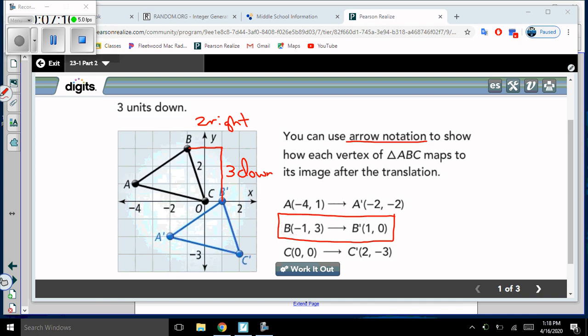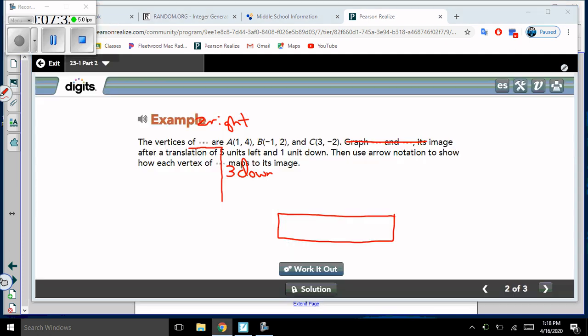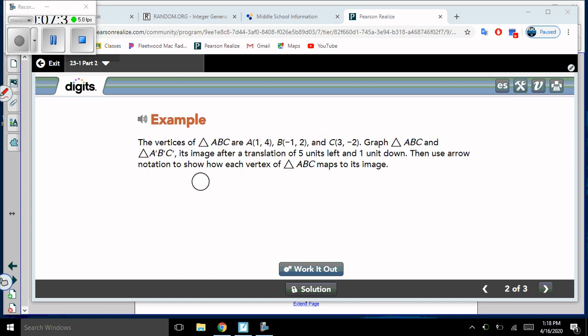Again, we go 2 to the right and 3 down, which gets me to the position of A prime of -2, -2. And then C starts at the origin 0, 0. And C prime, if I move it 2 to the right and 3 down, I end up at 2, -3. Okay? 2, -3. Let's take a look at our next slide.